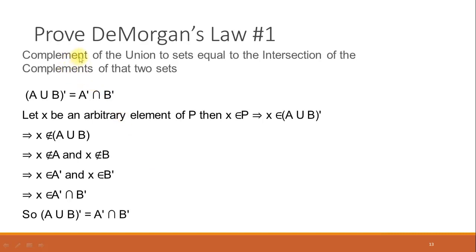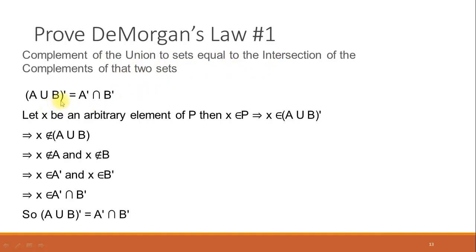For the proof of first law of De Morgan, let us consider two sets A and B. The first law of De Morgan says that complement of the union of two sets is equal to the intersection of the complements of those two sets.